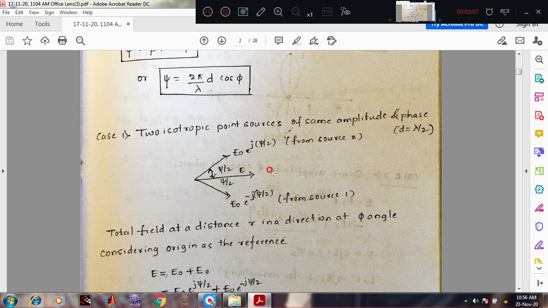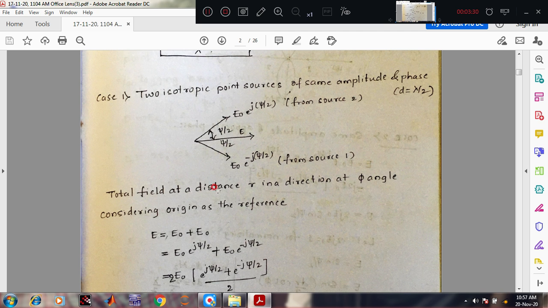Now consider these two vectors, E0 e raised to j psi by 2 from point source 2, and E0 e raised to minus j psi by 2 from point source 1. The resultant will be E with an angle psi by 2.